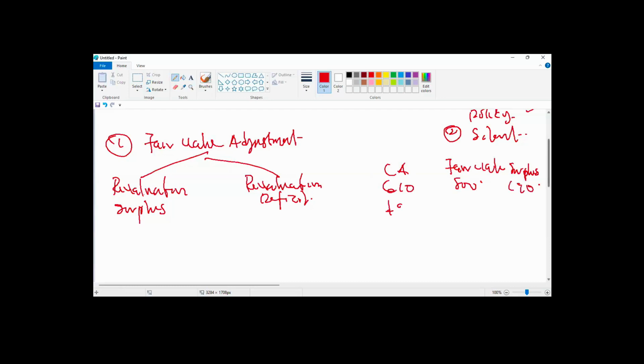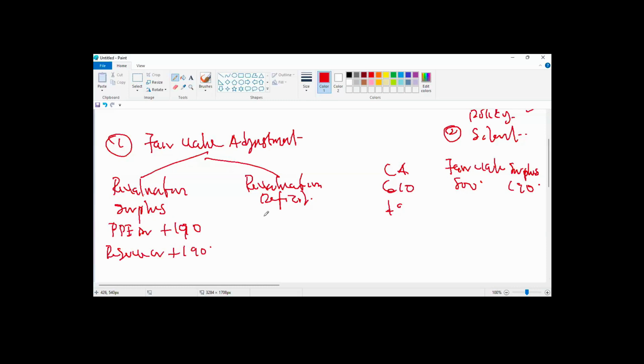What do I do to the surplus of 190? If it is surplus, accounting entry: PPE, debit plus 190. I'll credit reserves, credit plus 190. That's all.